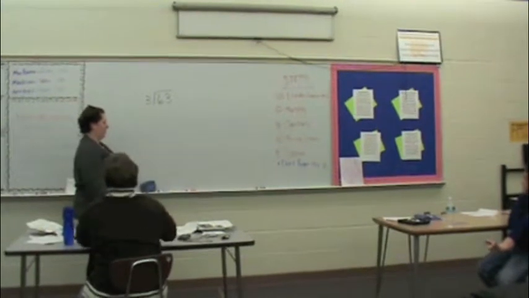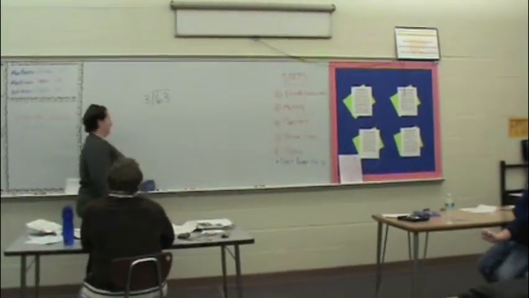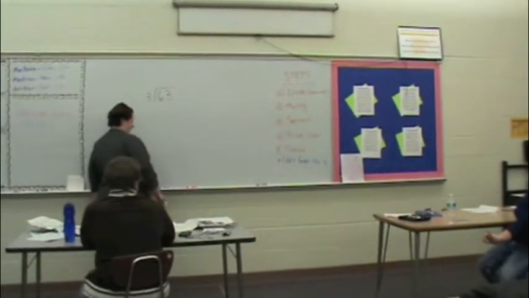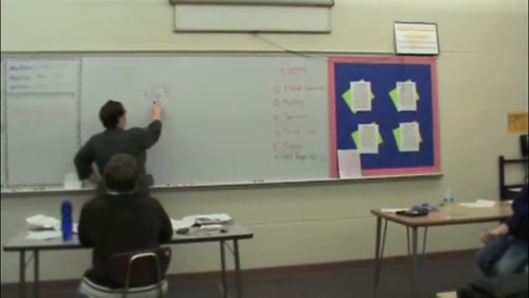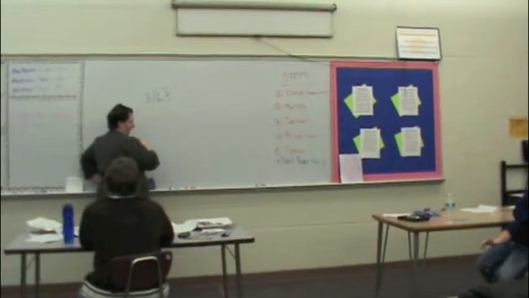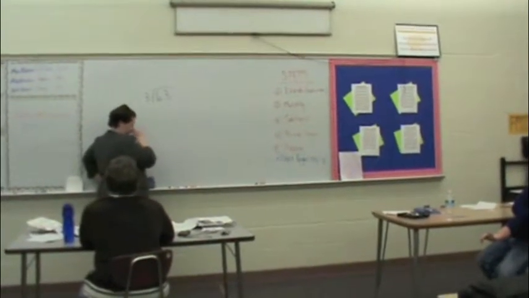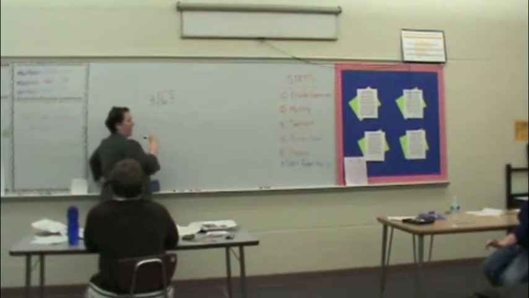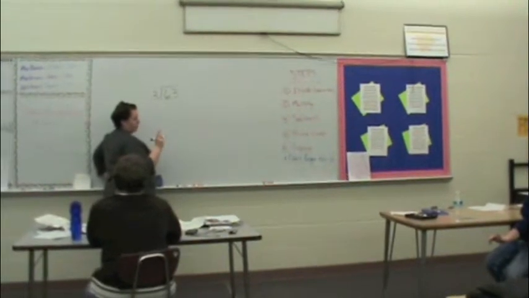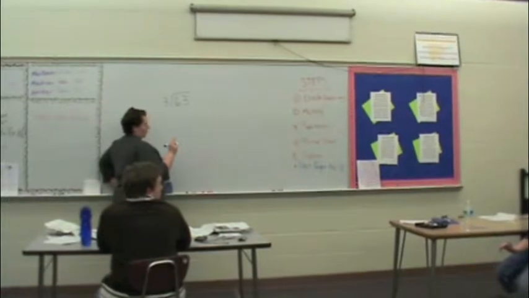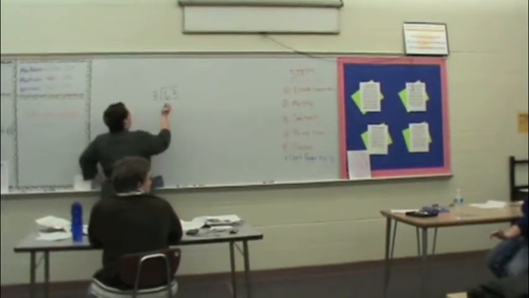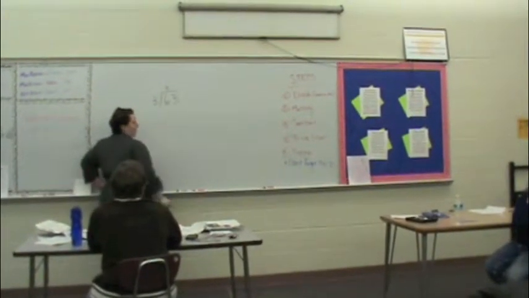Okay. 3 divided into 6. What times 3 gives me 6? We're as close to 6 as I can get without going over. 3. What is 3 times 3? If I put 3 up here, now my next step is to what?